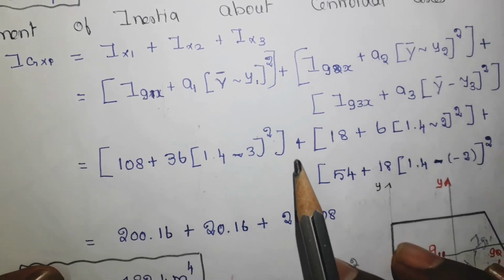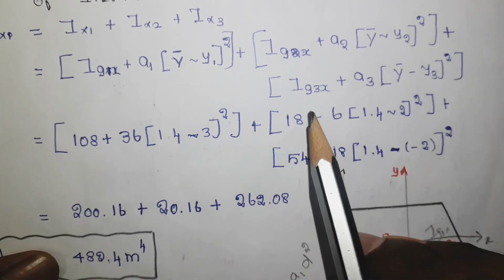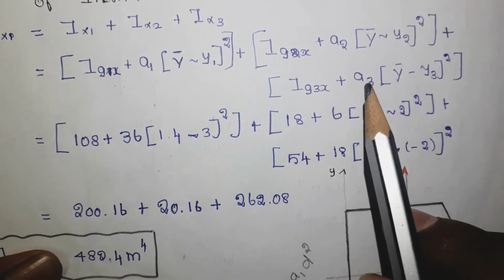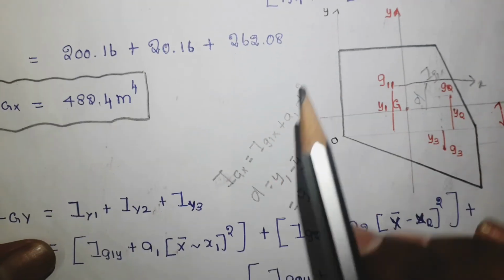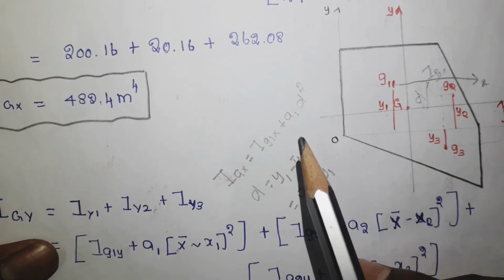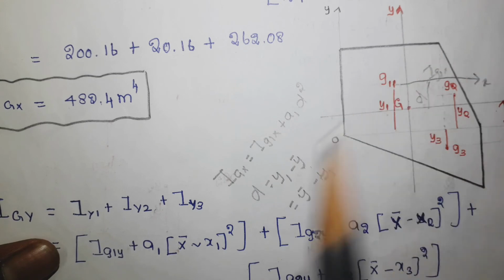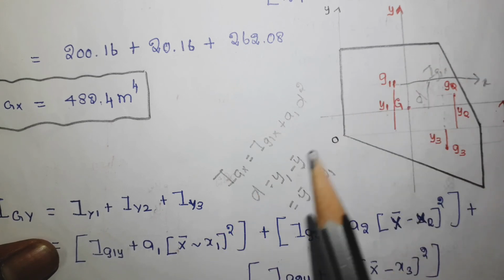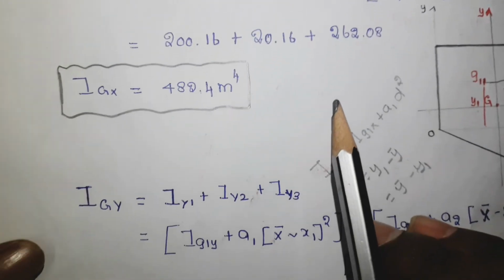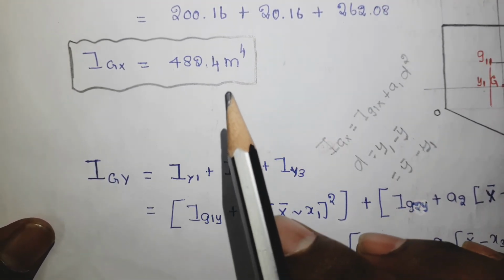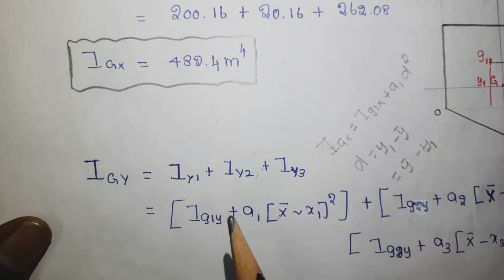Again I'm going to use it for the next triangle, here Ig3x, a3 and y3. So the concept is same, it is applied to all the sections. Now substitute the values and we get the answer as 482.4 meter to the power 4.